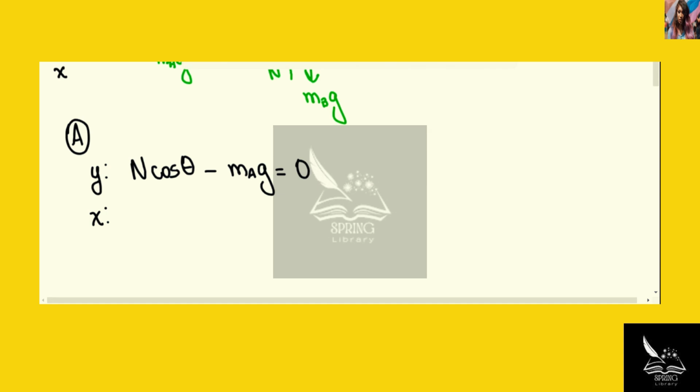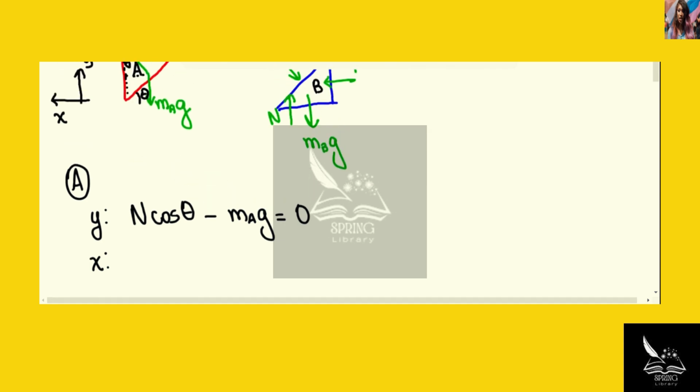And in the x component, we have N prime times sine theta is the only force acting in the x direction. And this is equal to the mass of block A times the acceleration. And the acceleration of block A and block B is the same, and I'm calling it A.